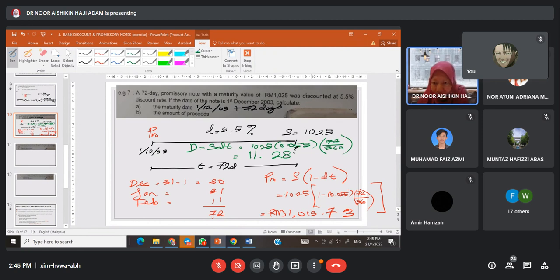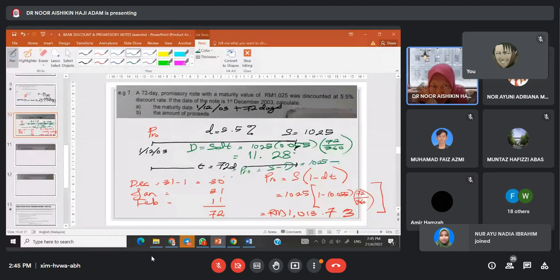So when you go proceeds, therefore, proceeds in this case is S minus D. You go 1025 minus, jangan guna 11.28 tu, guna 11.275. Okay? Sebenarnya it's not a big issue lah. Kalau you guna 11.28 down there, boleh jugalah kita terima.